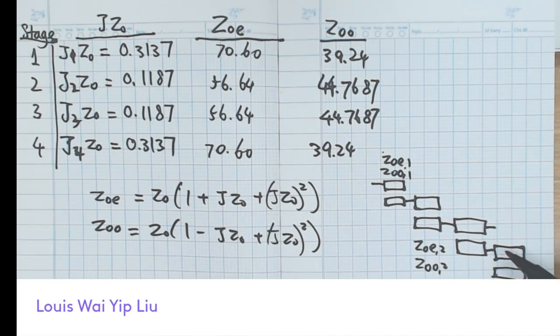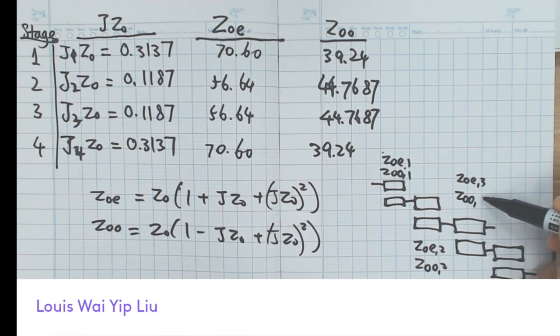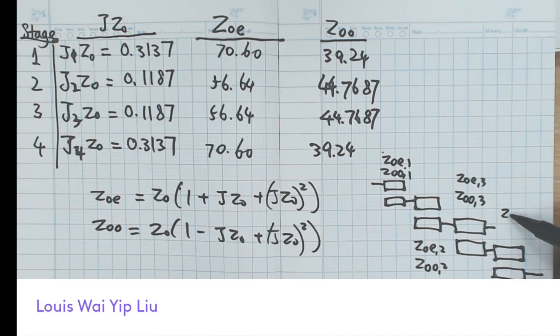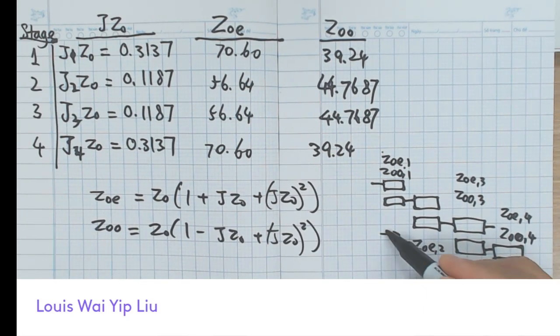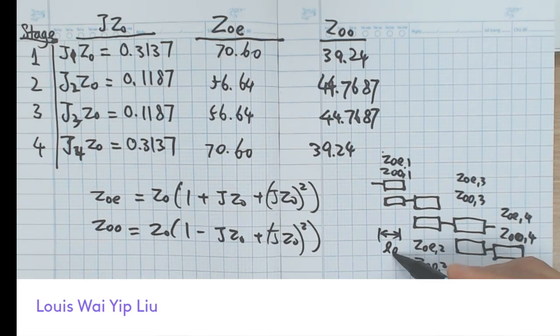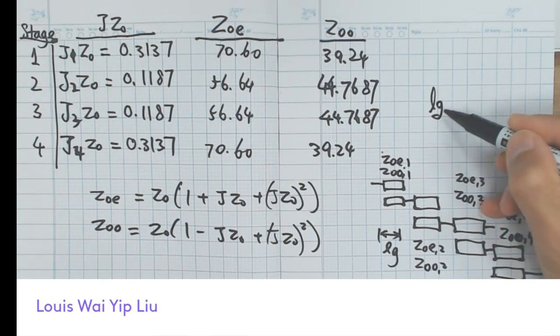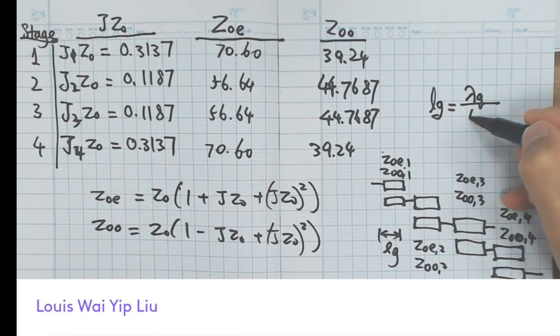And this is what you expect. And this one is Z0E3, and this one is 4 and 4, and the length for each stage should be calculated using the formula here. Lambda G divided by 4.